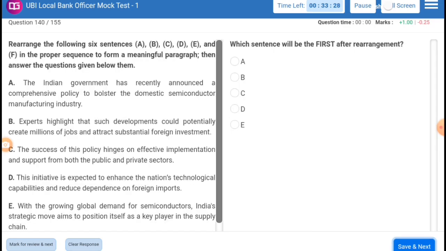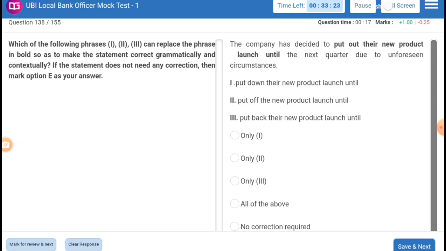Only two. Next, the company has decided to put out their new project. I think put off means to cancel their new project launch. Only two.